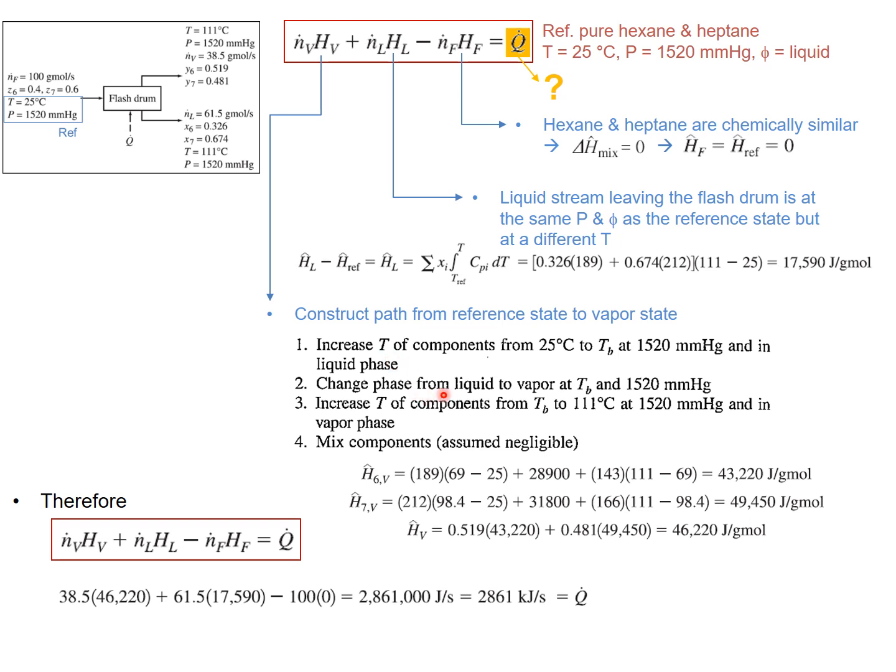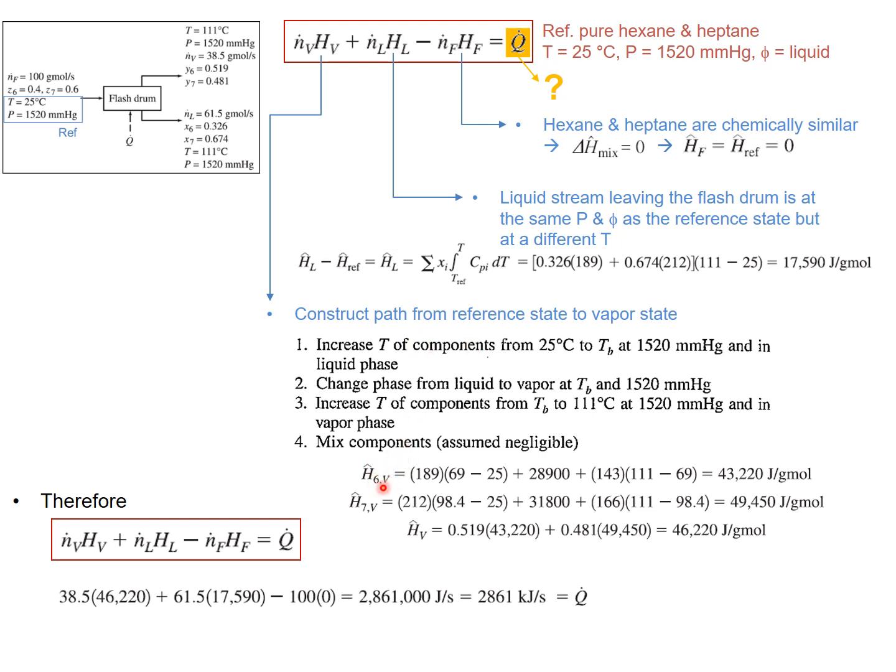However, after the phase change, the temperature increase happens in vapor phase. Okay, so we did the 3 steps for each compound, and then as step 4, we will mix those components. Let's do it.